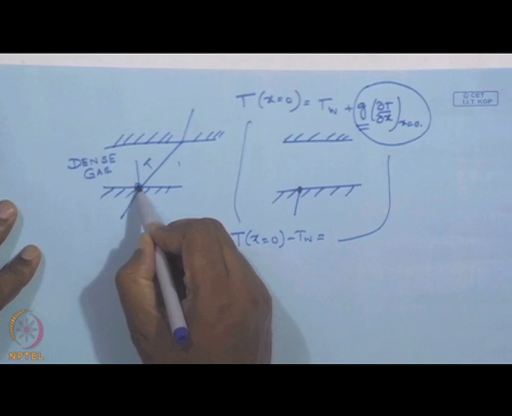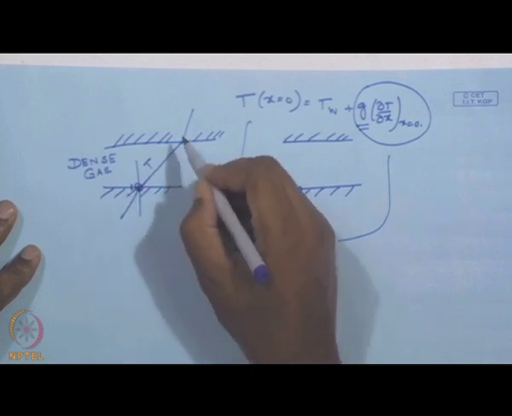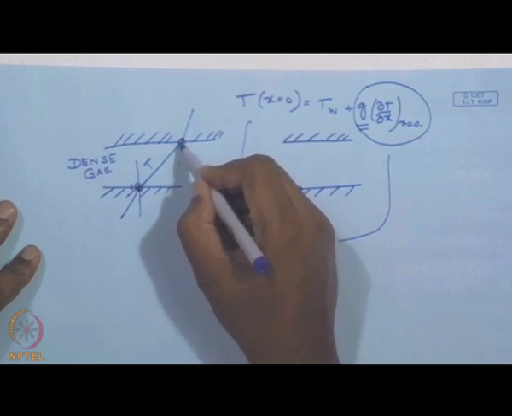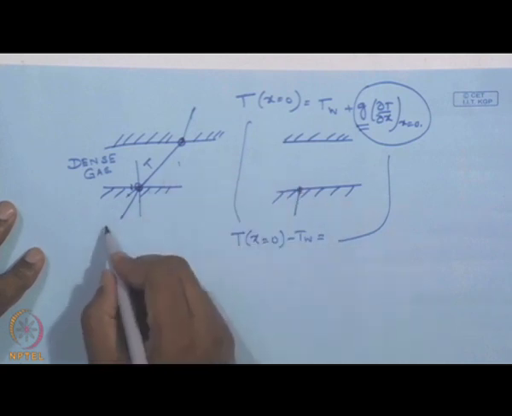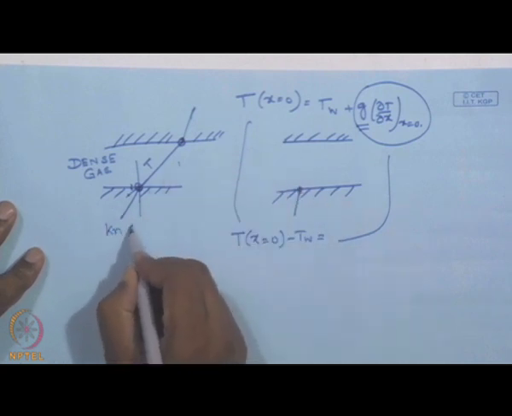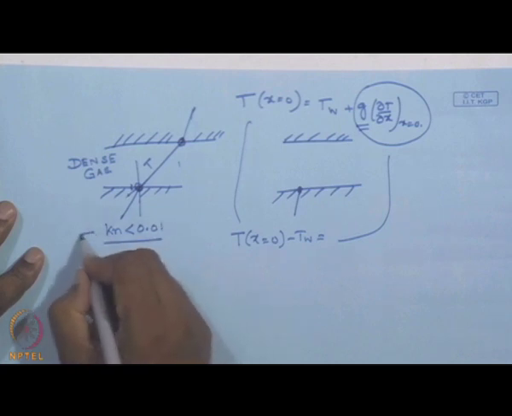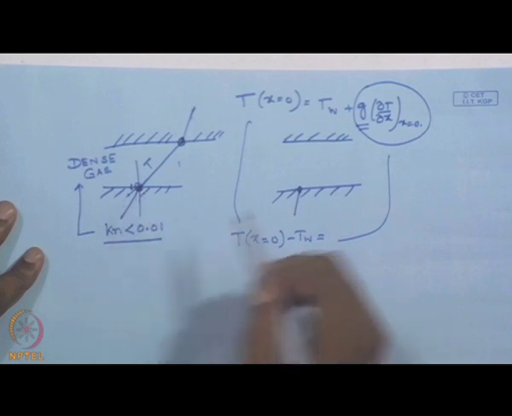This is the wall temperature, which is the same for the solid as well as for the liquid side as well as the gas side interface, and there is a definite drop, and at the interface also the two temperatures at both sides of the interface are the same. So, this is a case for Knudsen number less than 0.01, such that we have this dense gas situation and there is no temperature jump across the interface.